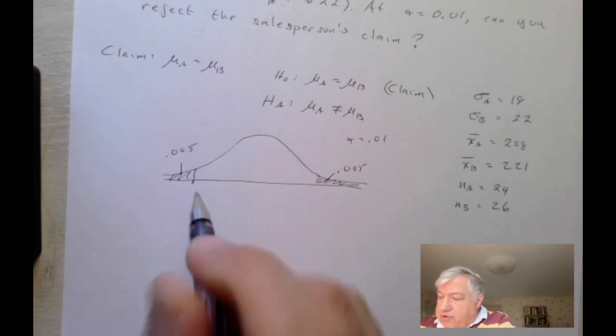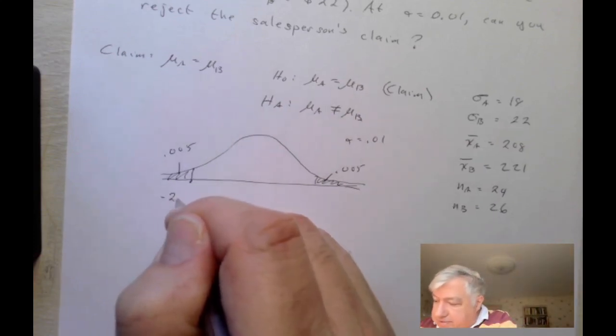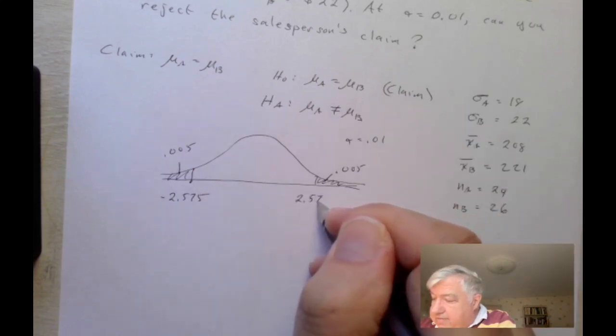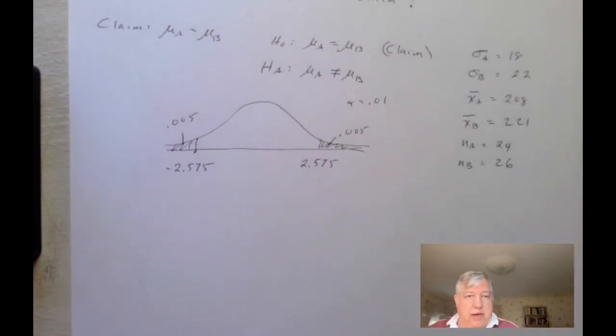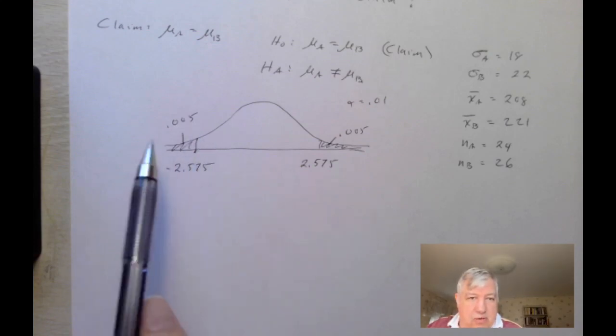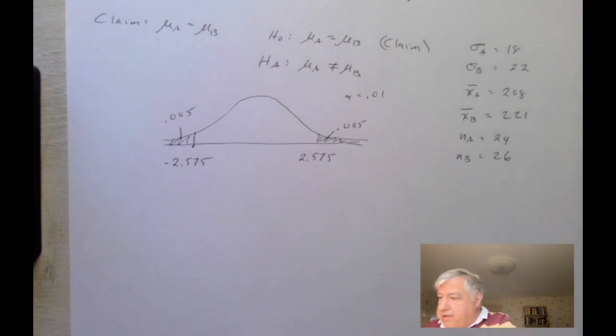And the inverse norm of 0.005 is negative 2.575, and this would be 2.575. We're getting used to seeing this number as well, but that's what we would have here. And so these are our rejection regions, and then we just go ahead and compute.